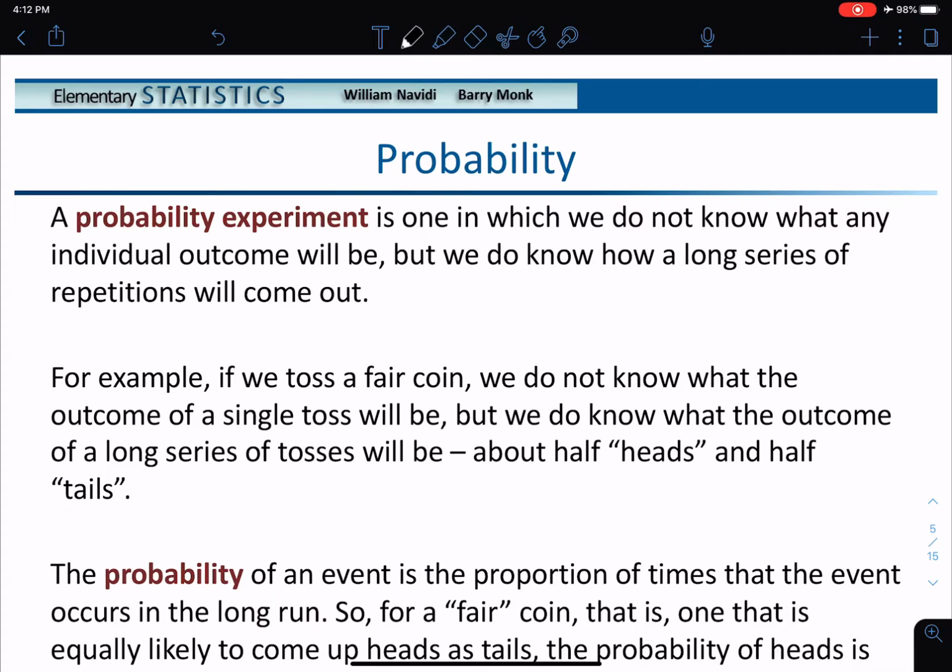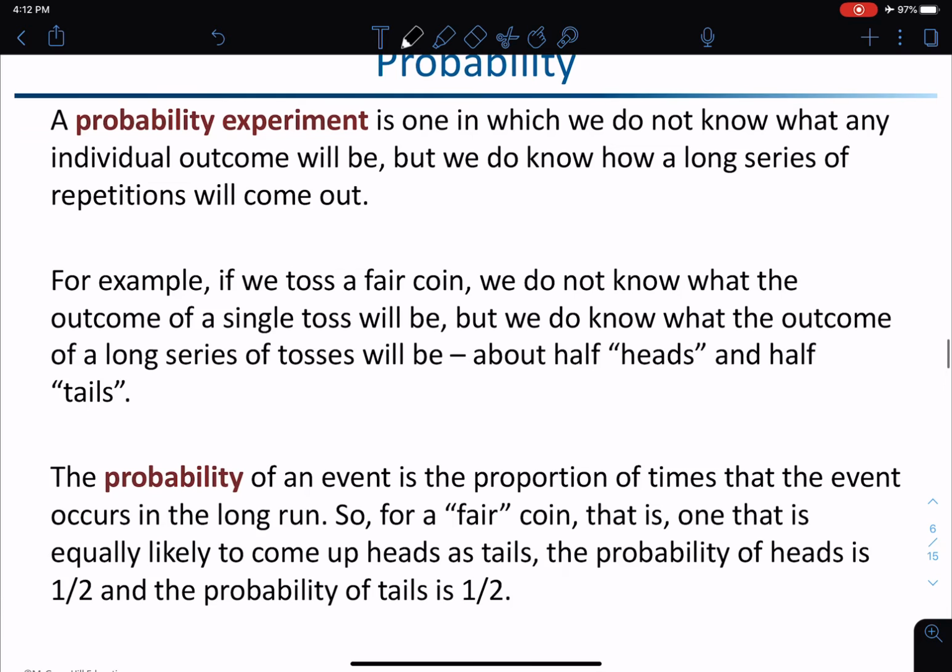The theoretical probability and the experimental probability are not necessarily the same thing, but we're going to find out the more you do, so if you flip a coin 10 times, it might not be half heads. But if you flipped a coin like 1,000,000 times, it would be really close to half heads. And that has to do with the law of large numbers, of doing the trial over and over again.